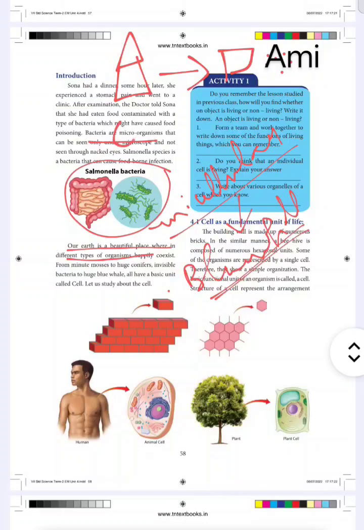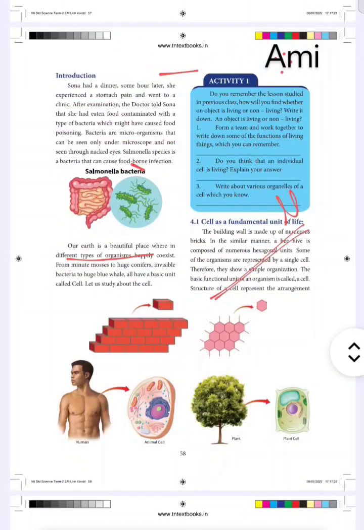Similarly, living organisms can also be divided into smallest parts. They are made up of a single unit known as cell. So this is going to be the smallest unit of life.